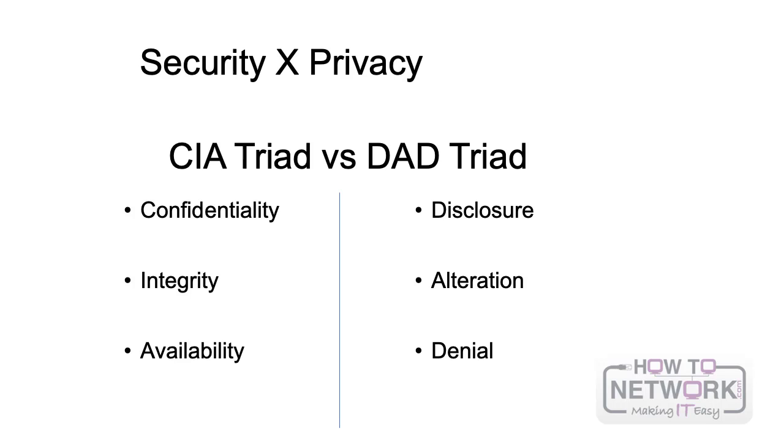And availability tries to guarantee that information will always be available. It may not happen with 100% availability, but that is the ultimate goal. So the idea is to prevent denial of services, for example, or any type of denial to that data or to that information.